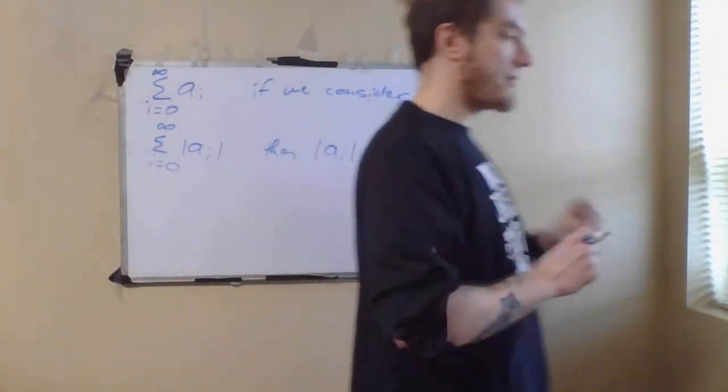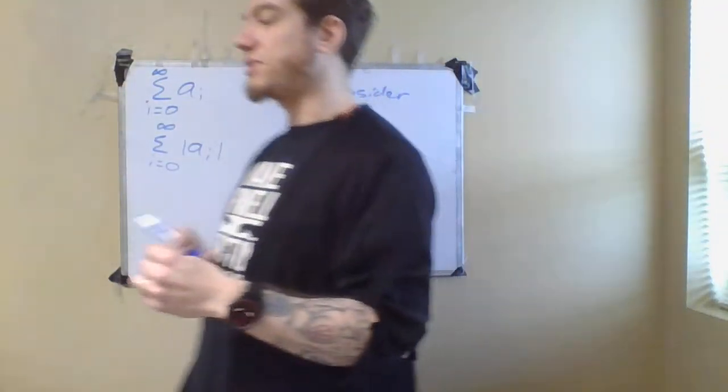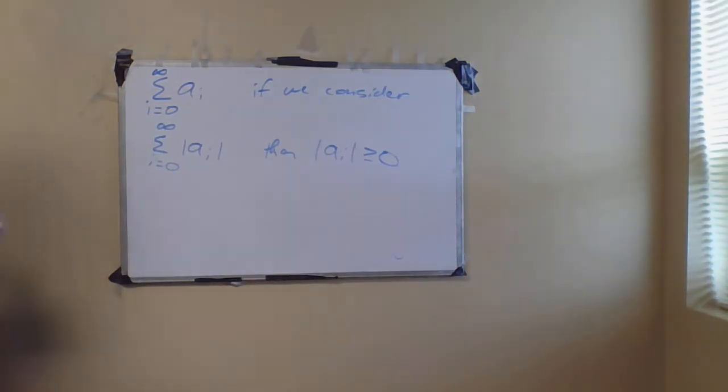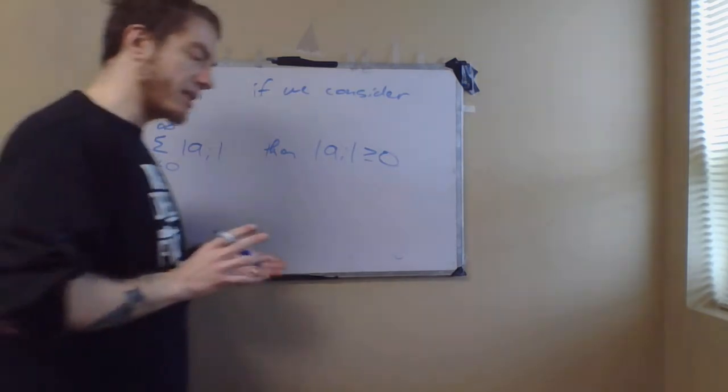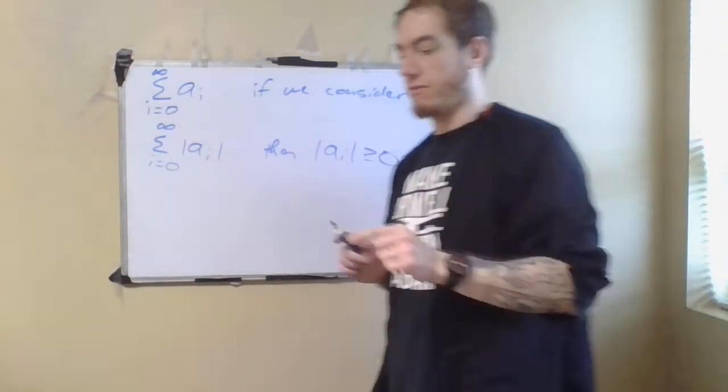So a lot of times we can test for absolute convergence more easily, in some sense, than we can test for just convergence by itself. And that is one of the reasons we are interested in absolute convergence.